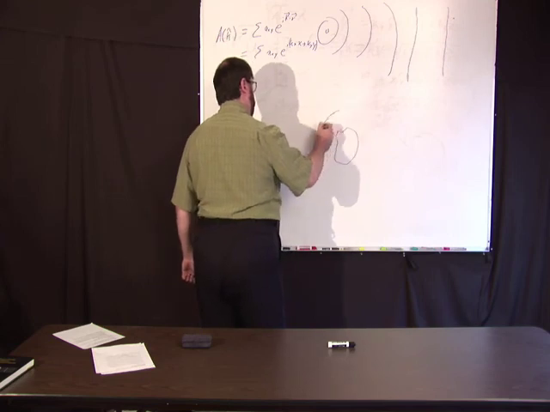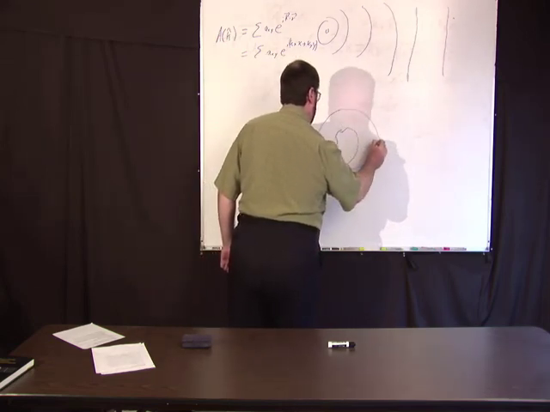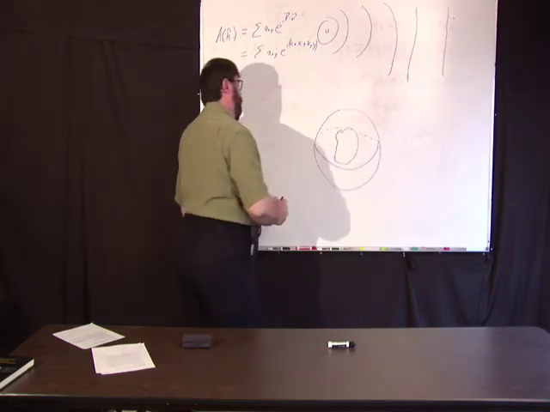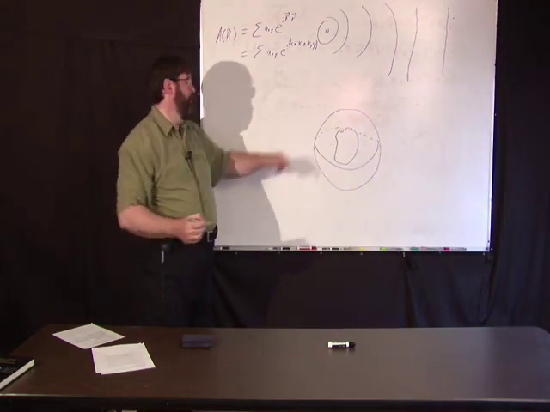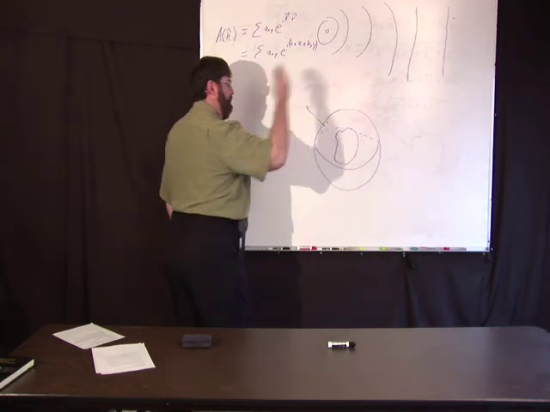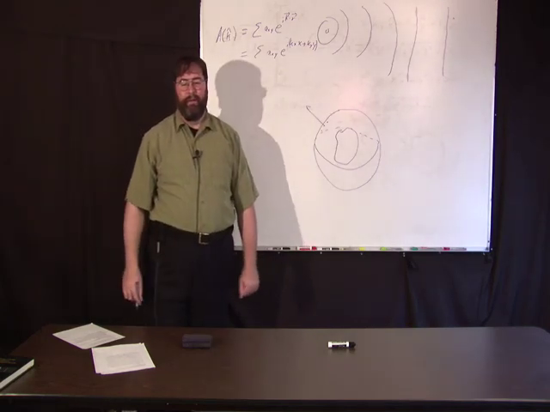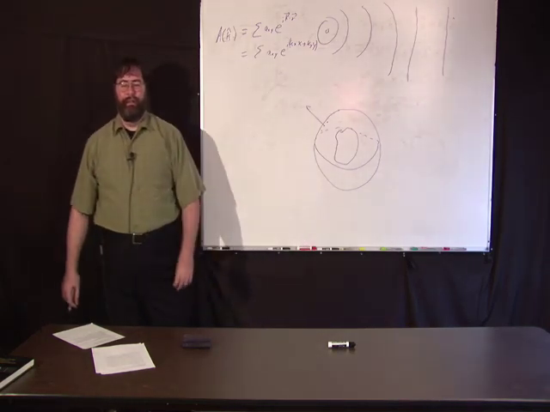You could scan a sphere around the object. And then you have a surface with points that you can sum up in any direction to give the pattern in the far field. We'll talk more about that next week.